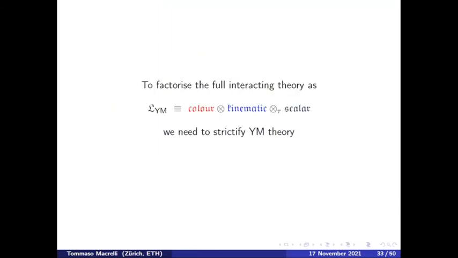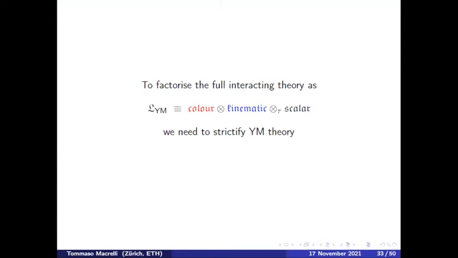Now, we want to factorize the full interacting theory in this way. And to do so, we need a strictification of Yang-Mills theory, not an arbitrary strictification. We need a strictification that manifests color-kinematic duality, possibly off shell. And this is a nice observation.